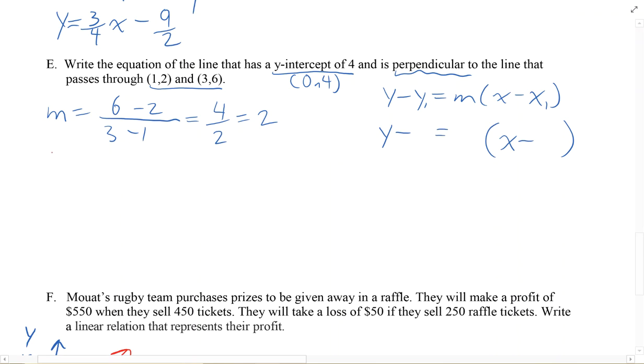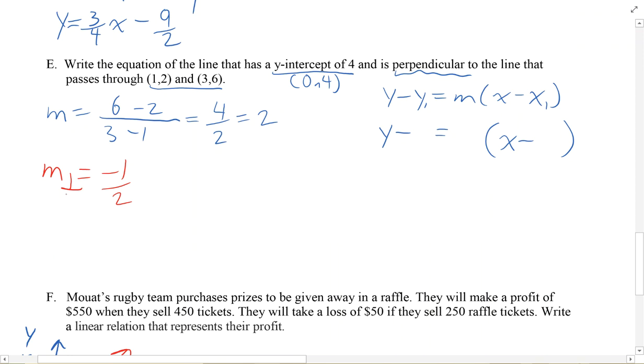Oh, sorry, that's the slope of the other line, but we have the perpendicular slope. That's the slope we have to use. So what is that? Something about a negative, but then the reciprocal part. James? Negative 1 over 2. Okay? Or 1 over negative 2, but it's always better to put your negative sign up top.